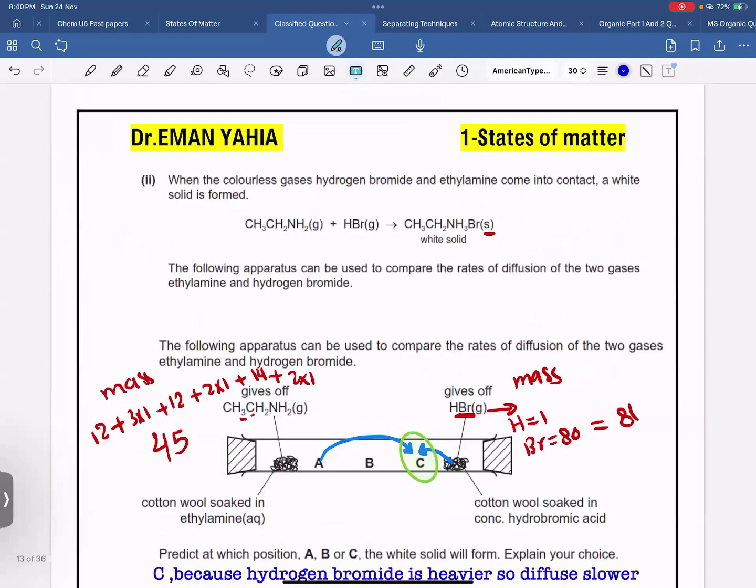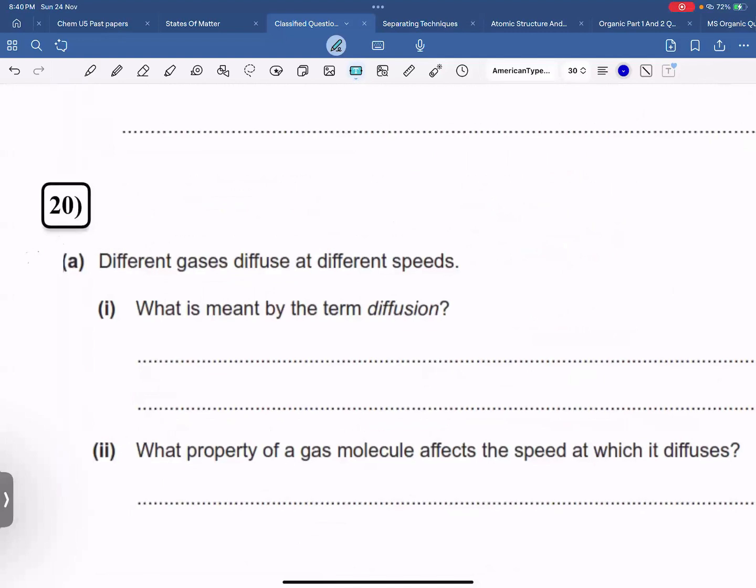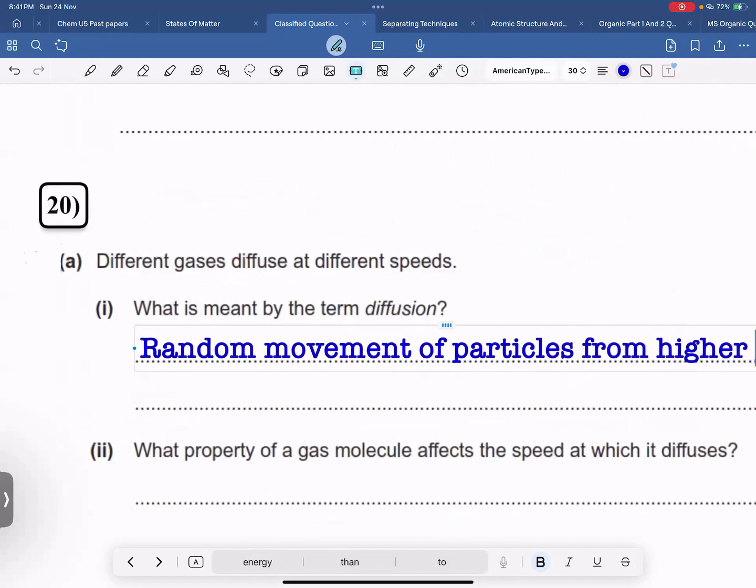What is diffusion? Diffusion means random movement of particles from higher concentration to region with lower concentration.